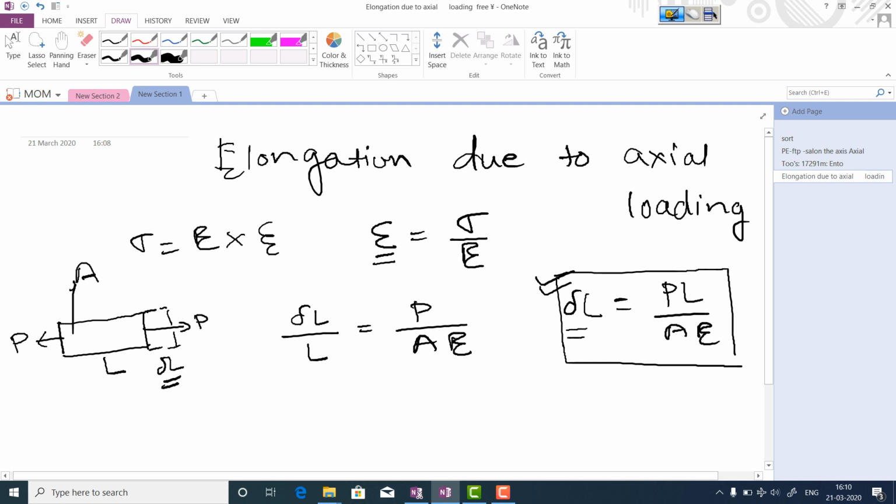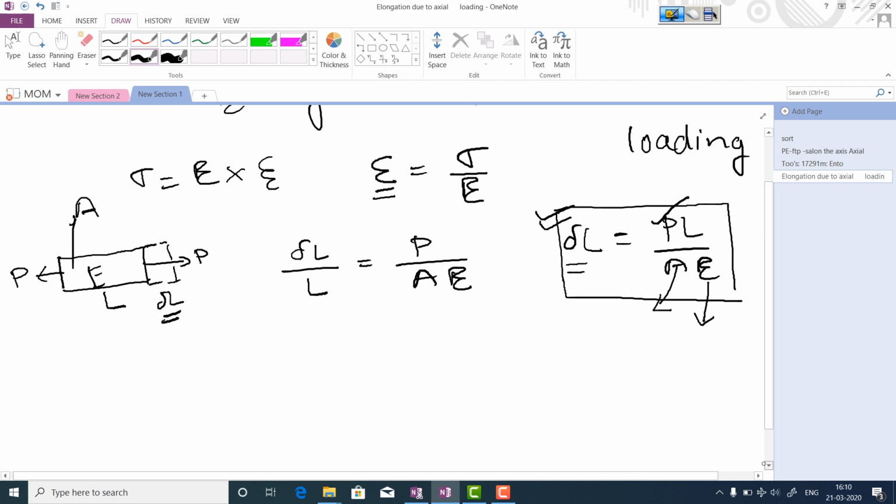Please note that this equation can only be used when the load acting is constant, the cross-sectional area throughout the length is constant, and the whole element is made of the same material, having a constant modulus of elasticity E.